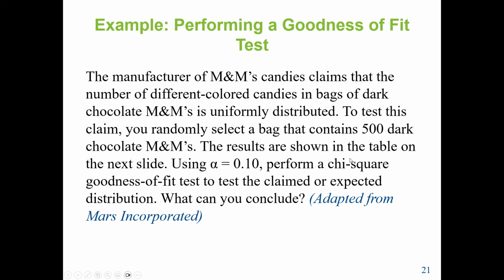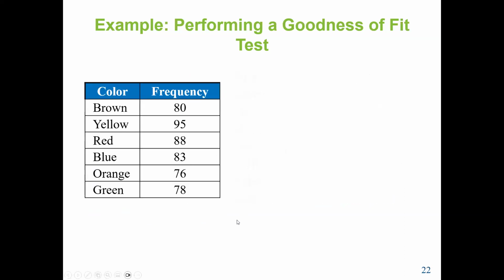The results are shown in the table on the next slide. We are going to use alpha equal to 0.10, or 10%, to perform a chi-square goodness of fit test to test the claimed or expected distribution. What can you conclude? So let's begin.